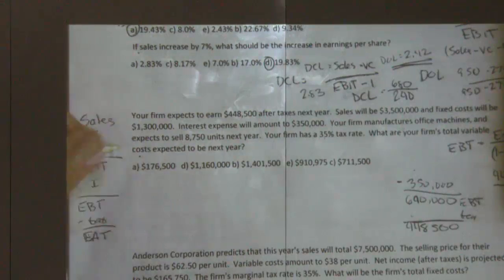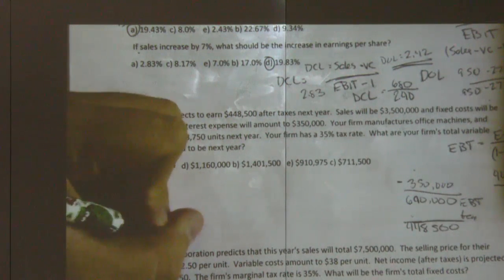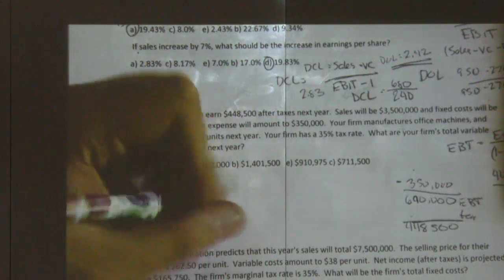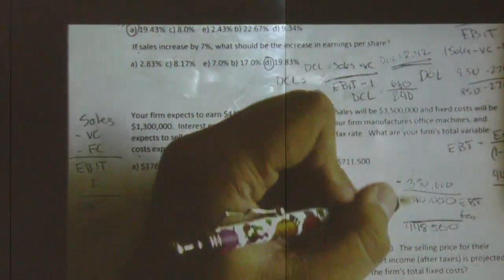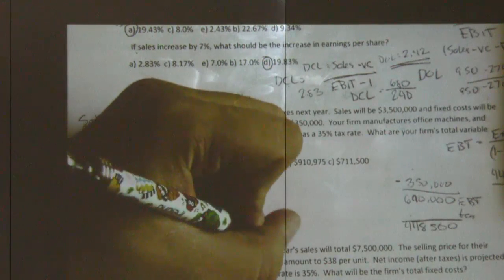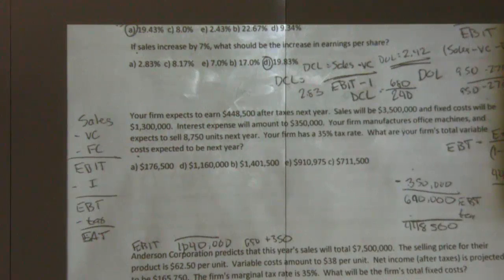When you add these two numbers together, you should get an EBIT of 1040, or 1.04 mil. That's from adding the 690 plus the 350, and that gives us our earnings before interest and taxes.